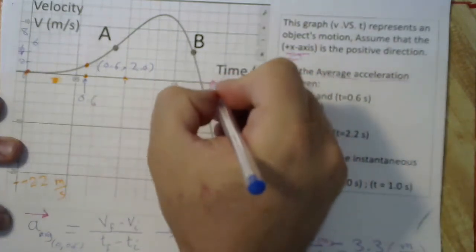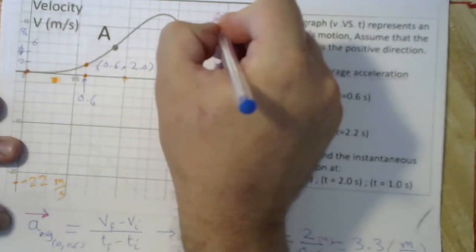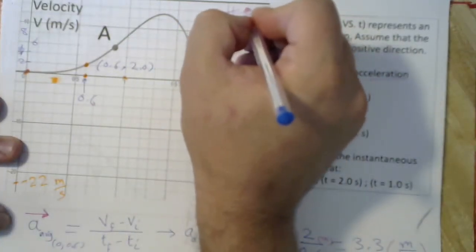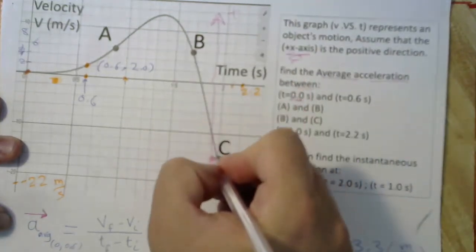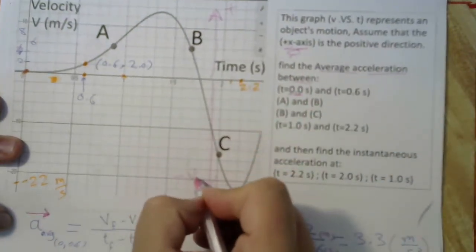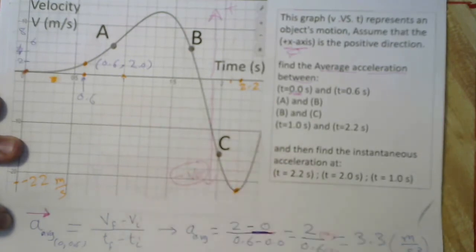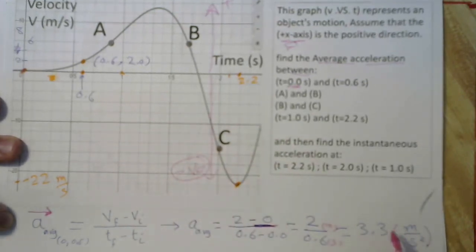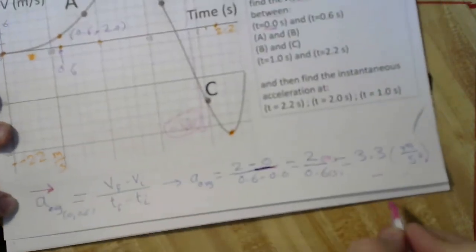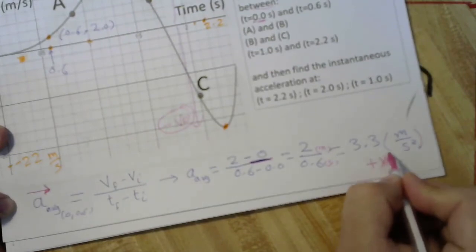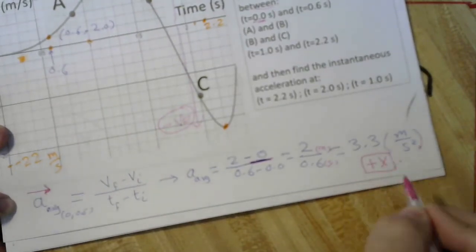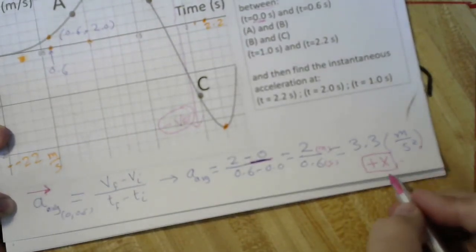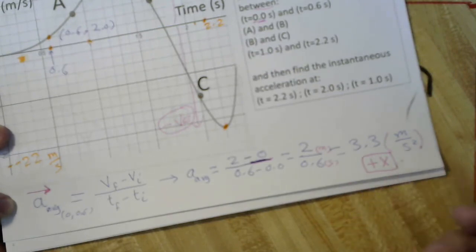So in this case, I have the positive direction, and this is the negative direction. So the acceleration is in the positive x direction, or to the right, or to the east.